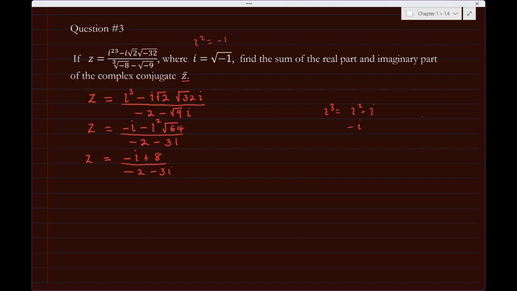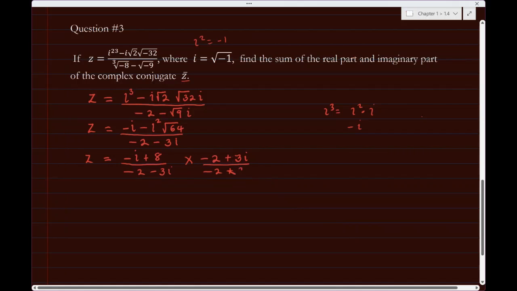So now you can see we're dividing a complex number by a complex number. So now we need to rationalize. And we rationalize with the conjugate of the denominator, which is minus 2 plus 3i over minus 2 plus 3i.